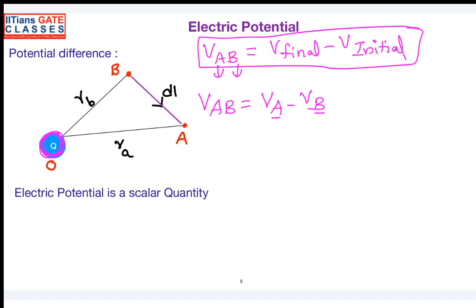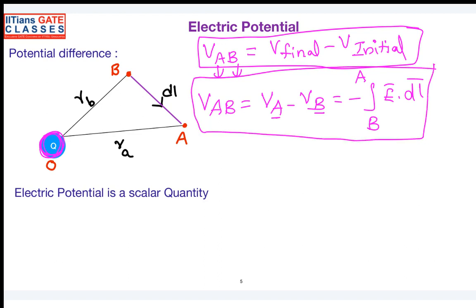Which means this is minus integral E dot dl, where the lower limit is the initial point and the upper limit is the final point. So when I say VAB, this is the work done in order to move a charge from point B to point A. So B is my initial point and A is my final point.